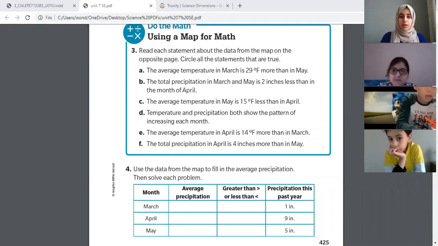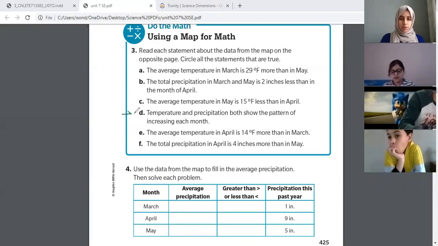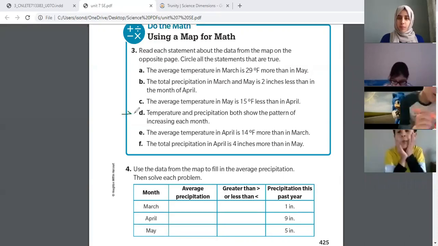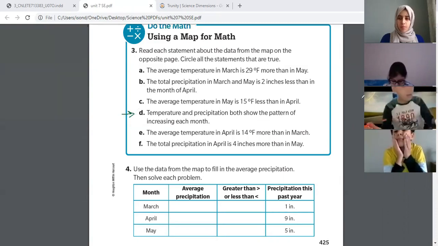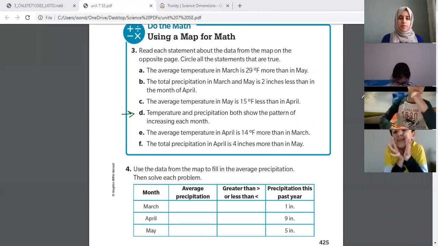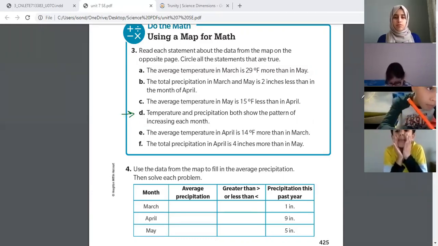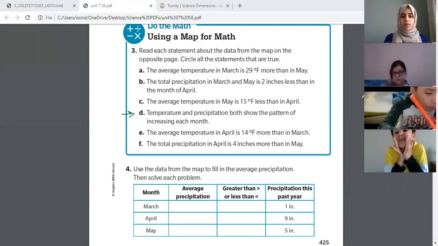So we're going to continue from where we stopped, from D. Yesterday we did the average temperature in May is 15 Fahrenheit less than in April, and we didn't circle it because it was incorrect.